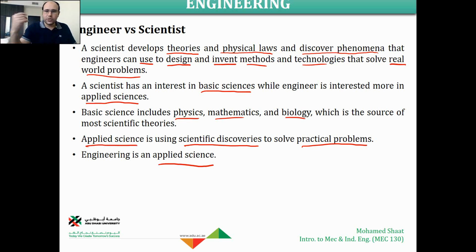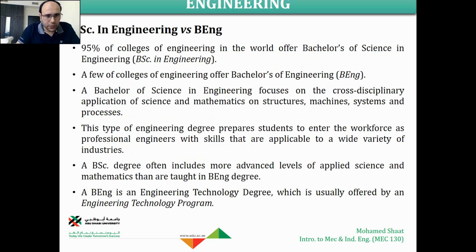Courses related to physics, mathematics, and other courses which are related to your major, whatever it is, industrial engineering or mechanical engineering or electrical engineering or civil engineering. As I'm going to show you for mechanical and industrial engineering, what the basic science courses will be, and what the applied science courses related to your major will be.